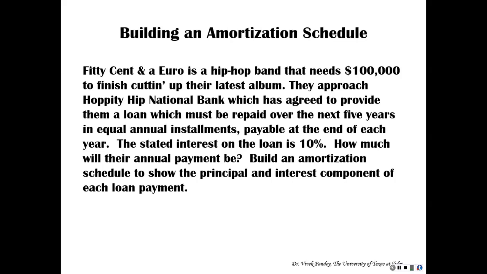So let's look at a simple 5-year annual payment annuity here in this example. 50 Cent and a Euro is a hip-hop band that needs $100,000 to finish cutting their latest album.